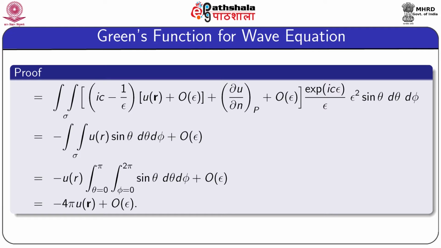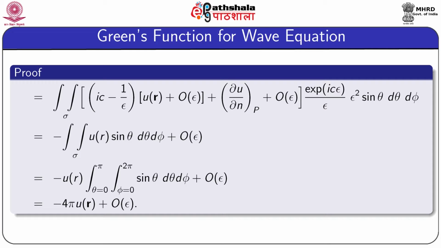After simplification, you can see that the 0th order term is the integration over sigma of u sin theta d theta d phi, and the rest of the terms are of order epsilon. On sigma theta varies from 0 to pi, phi varies from 0 to 2 pi. So, after integration it becomes minus 4 pi u, and the rest of the terms are of order epsilon.